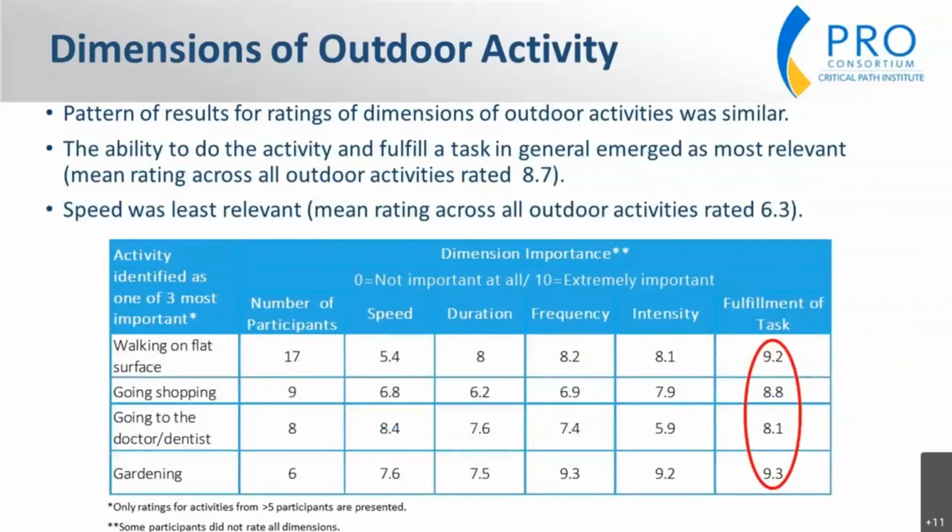The pattern for the dimensions of outdoor activity seemed to be very similar to the one in activities inside the home, with the ability to do the activity and fulfill a task in general emerging as most relevant, while speed was least relevant.